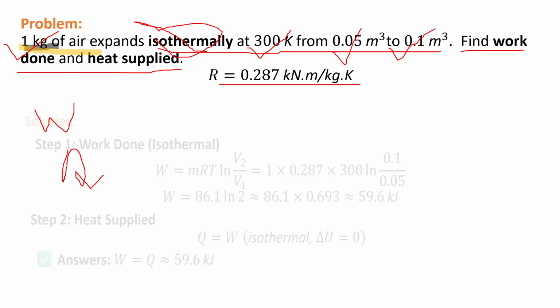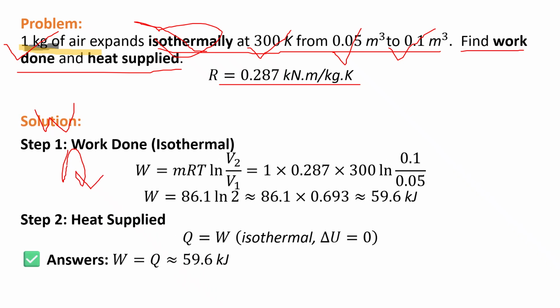So we can find the first part, that is the work done. So work done for the isothermal process is MRT ln V2 by V1. M value is 1, that is given in the data. R is 0.287. If this value is not given for air, you have to remember it and write it by your own.